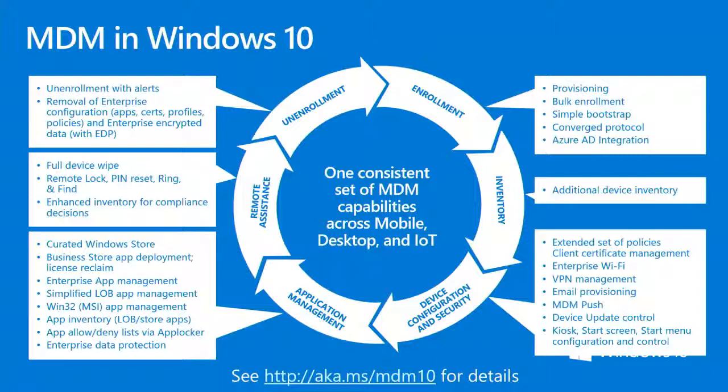So if you go to aka.ms/MDM10, you can expand out the full list of the CSPs, the modules that provide these settings, and it will list each one and all the details that go along with those. The MDM vendors are still adding support for these Windows 10 policies, so if you don't see them yet in the tool that you may be using, whether it's Intune, AirWatch, MobileIron, etc., talk to them and see where they're at as far as implementing all these different settings.